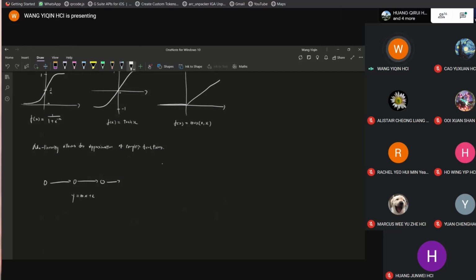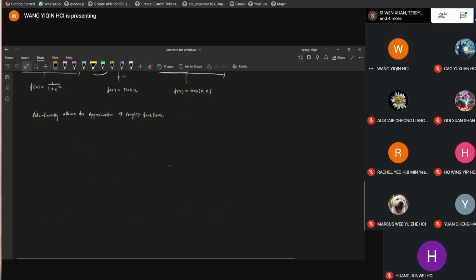No matter how many neurons you put into your network, if you do not use a non-linear activation function, and you can actually try to work it out yourself, everything can be collapsed back down to just this simple formula. Nonlinear activation functions are the essential aspect that allows your model to approximate complex functions.